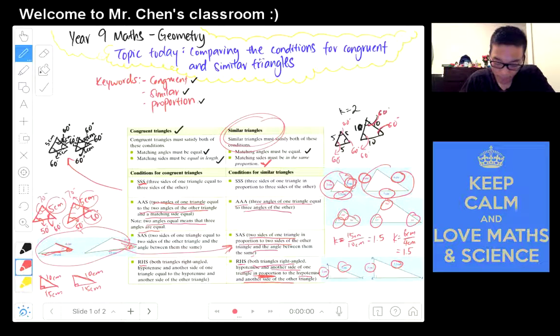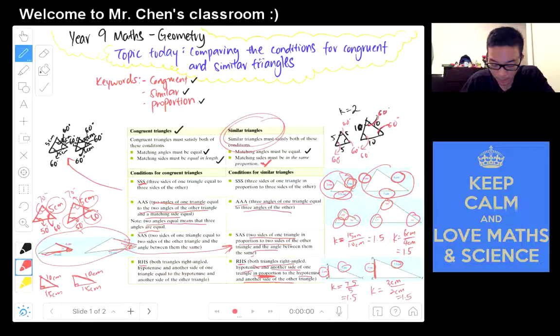Okay, so the scale factor, let's compare the hypotenuse. 7.5 over 5 will give you 1.5. And just in case we want to do both, the other one is that one. One is 3 centimeters, the other one is 2 centimeters. It gives you 1.5 as well.